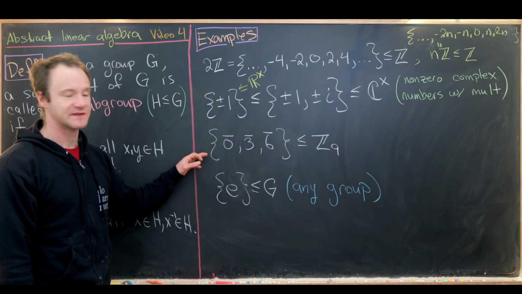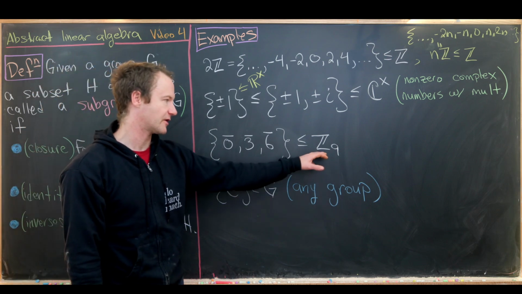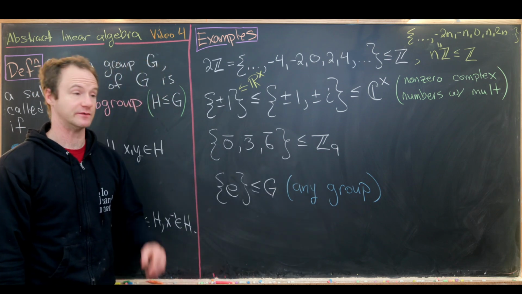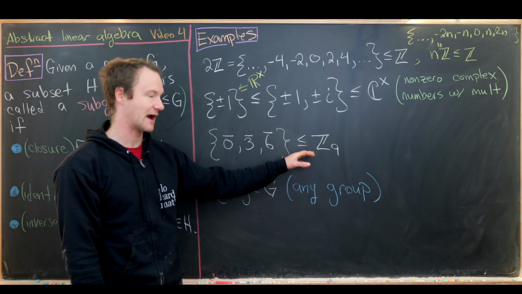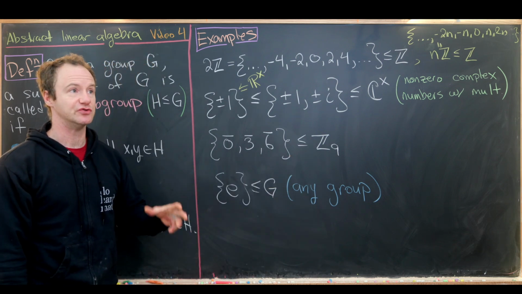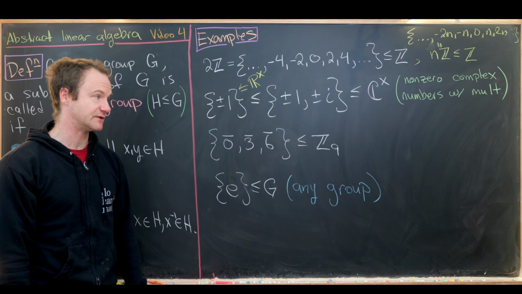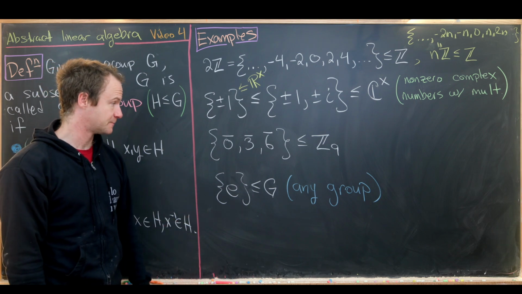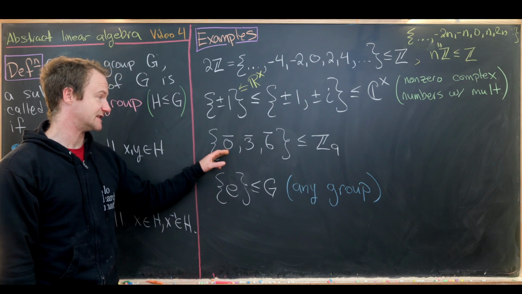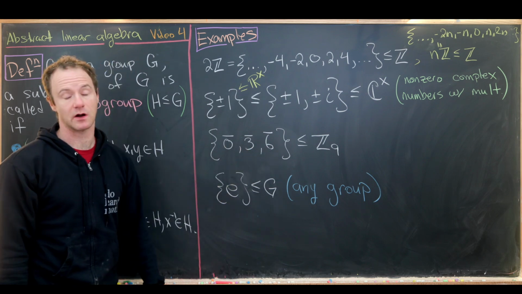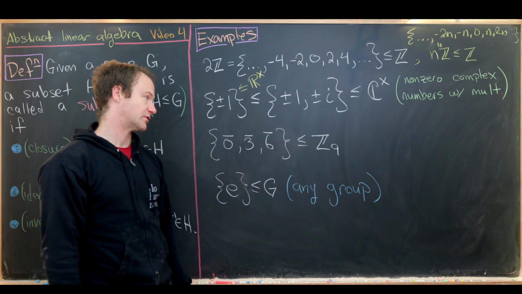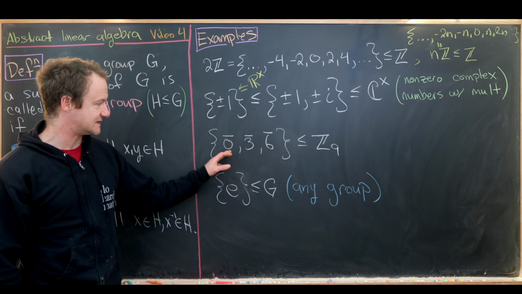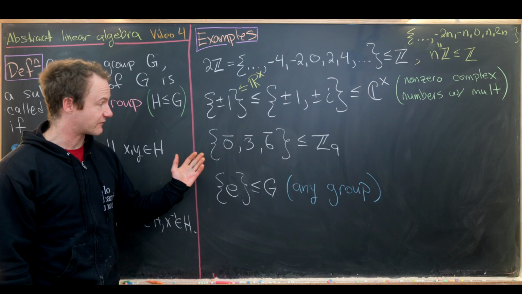Okay, now let's look at this next one. Let's say our parent group is the integers modulo 9. Let's recall that our operation here is to do addition of the numbers between 0 and 8, and then divide by 9 and keep the remainder. And so the set containing 0, 3, and 6 (with bars) forms a subgroup. Well, first of all, we have the identity, which is 0. We have closure.